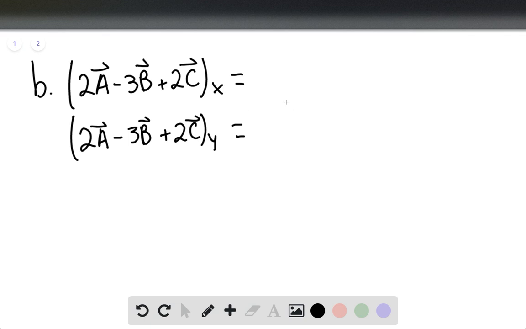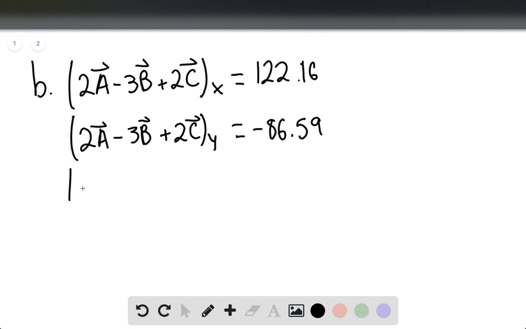So for the x, it's going to be 122.16. Again, you're simply doing 2 times the a in the x minus 3 times the b in the x plus 2 times the c in the x. In this case, the c in the x is going to be 0. And then for the y, it'll be negative 86.59.